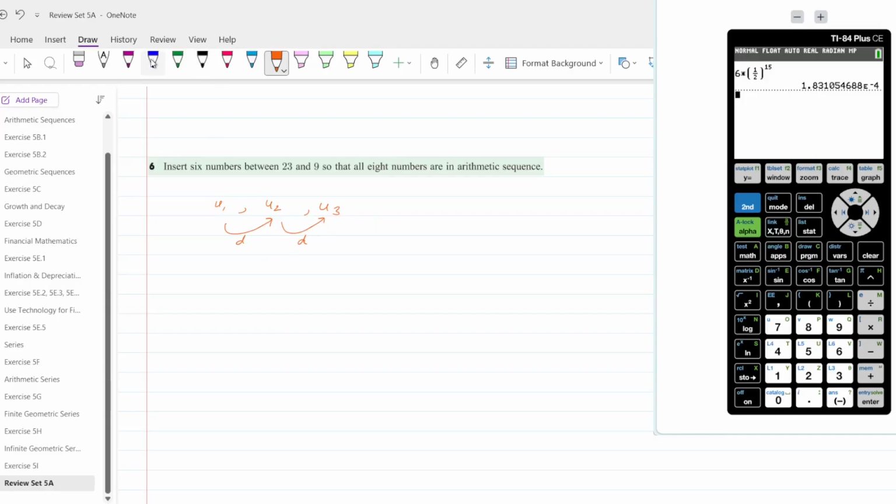So can we say common difference is u2 minus u1, or u3 minus u2.